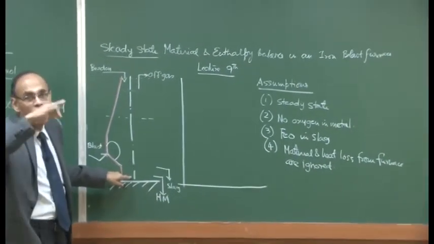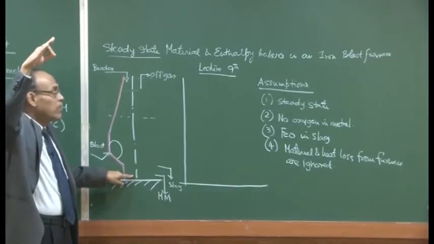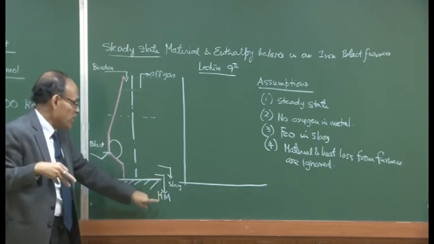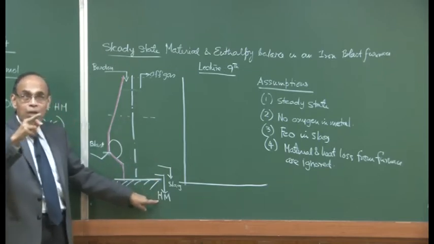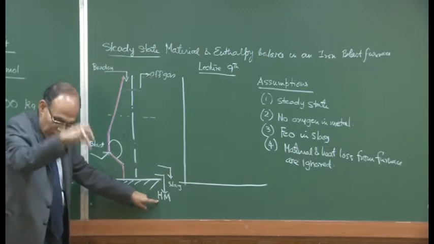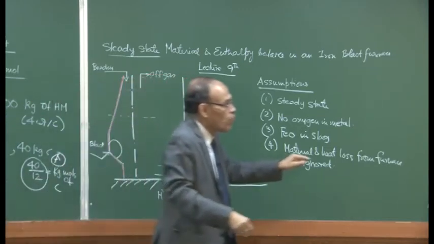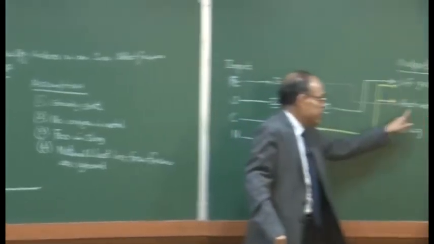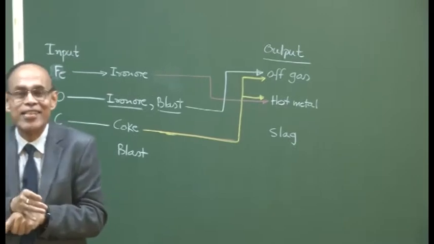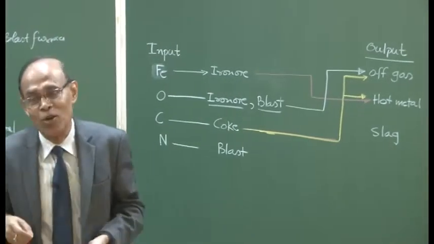So the sensible heat is increased: if you charge it from 25 degrees centigrade and the hot metal is at 1450 degrees centigrade, then carbon is heated up to 1450 degrees centigrade, and the part which is dissolved in hot metal has not taken part in any chemical reactions apart from getting dissolved in the molten metal itself.